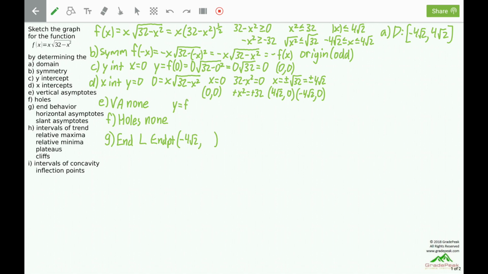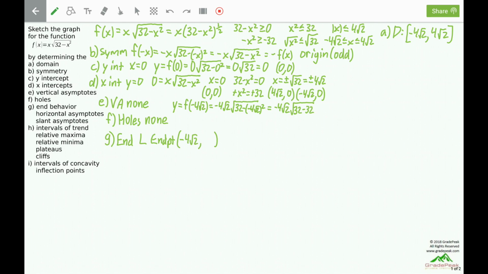So the corresponding y-coordinate will be f of negative 4 square root of 2, which will be negative 4 square root of 2 times the square root of 32 minus negative 4 square roots of 2 squared, which is negative 4 square roots of 2 times the square root of 32 minus, a negative squared is a positive, 4 squared is 16, root 2 squared is 2, 16 times 2 is 32.